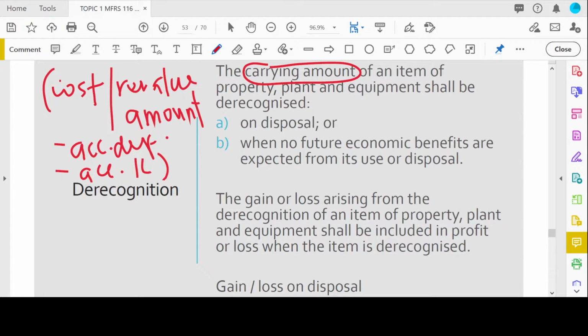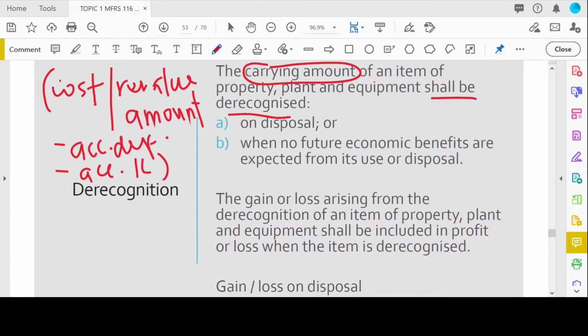Meaning that the carrying amount that shall be derecognized here consists of the cost account of that PPE as well as the accumulated depreciation of that PPE and also the accumulated impairment loss of that PPE. Meaning that we have to derecognize everything.